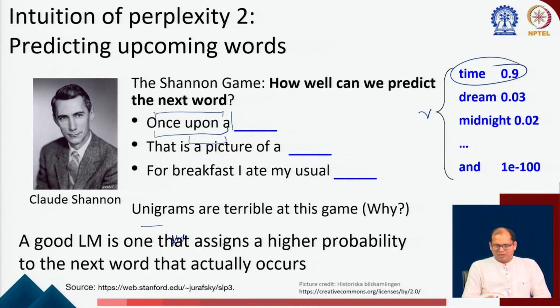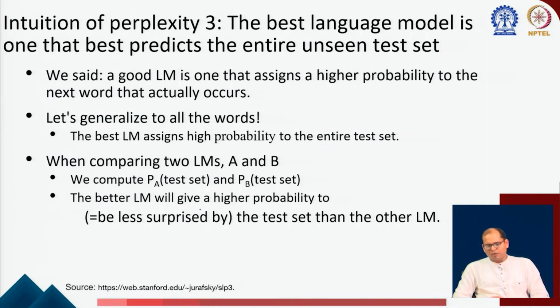Okay. So a good language model is one that will assign higher probability to the next word that actually occurs. Now, the best language model will be one that will best predict the entire unseen test set, right? That is the intuition for perplexity, that I should be able to give a higher probability to the test set. Let's say I'm comparing two models, A and B. They are both language models.